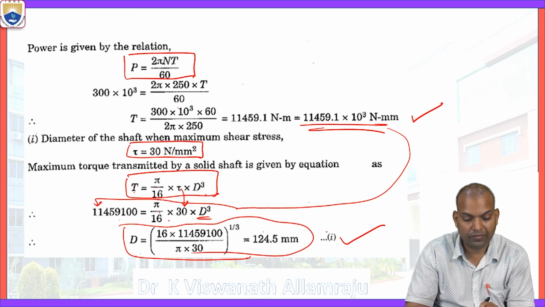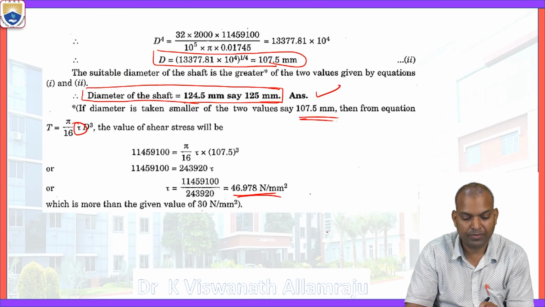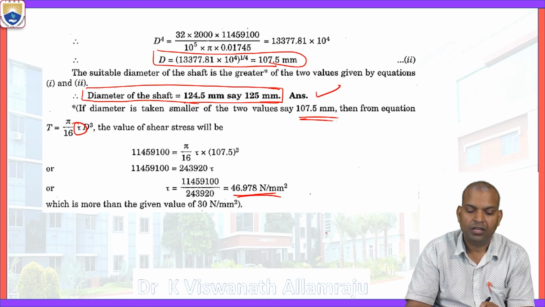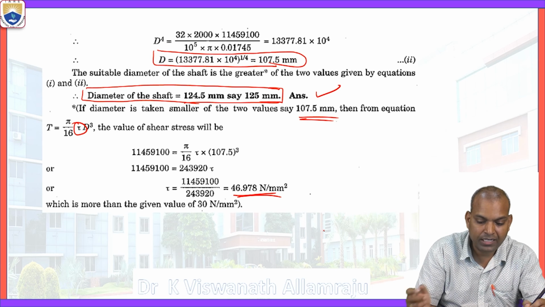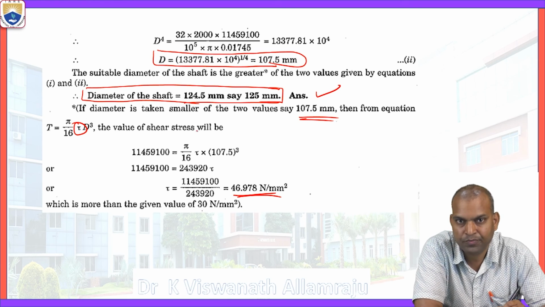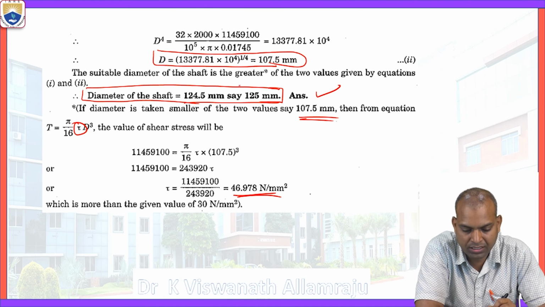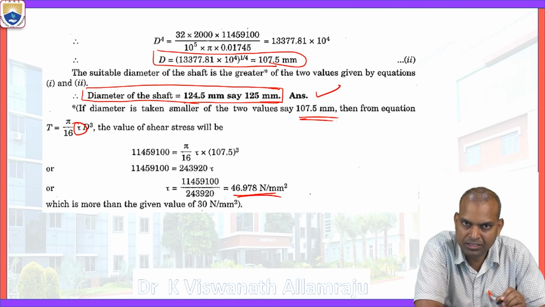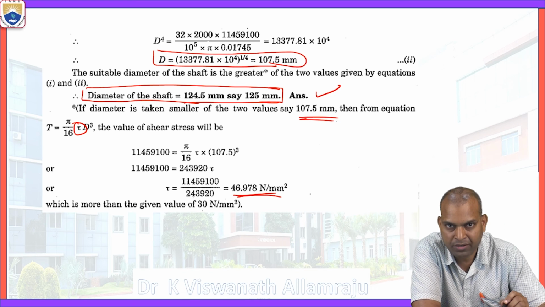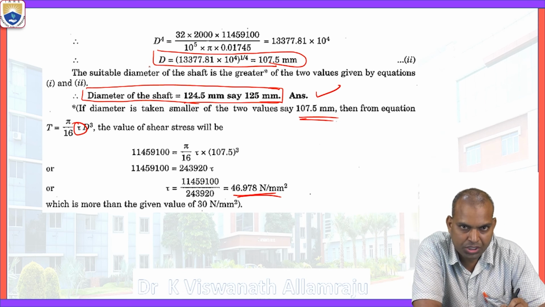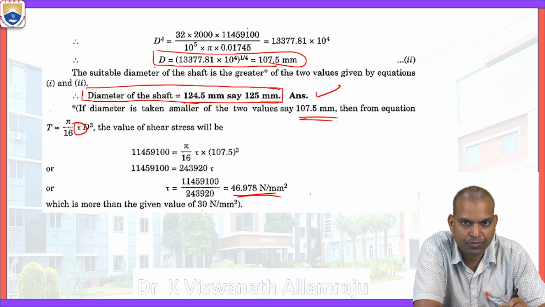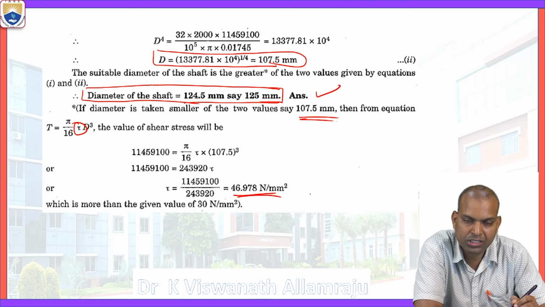So the given value is how much? 30 Newton per square millimeter. So we are validating why we should consider the maximum value. If we consider the 107.5 millimeters diameter, from that diameter you calculate the shear stress, how much shear stress is being developed. Definitely the shear stress developed is a larger value. But the given value is 30 Newton per square millimeter.